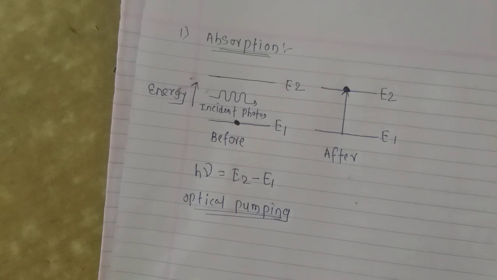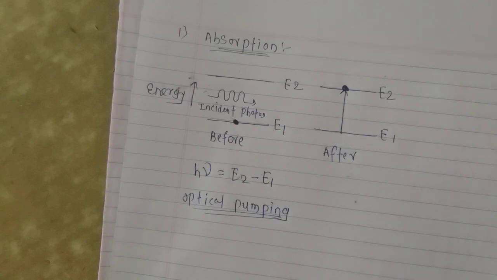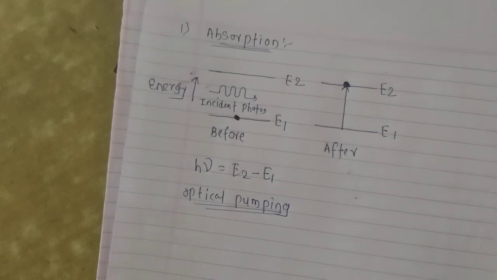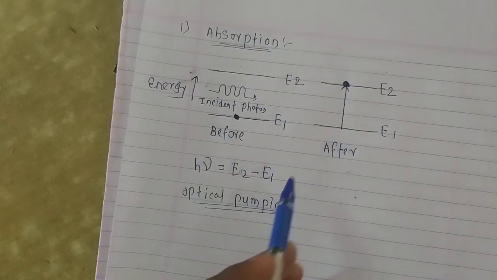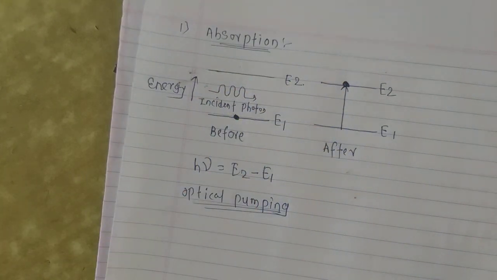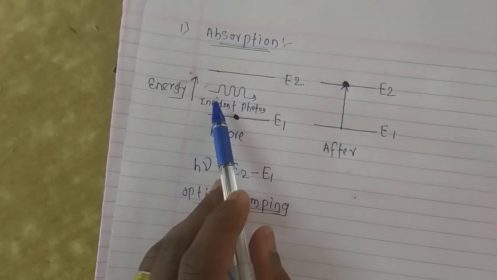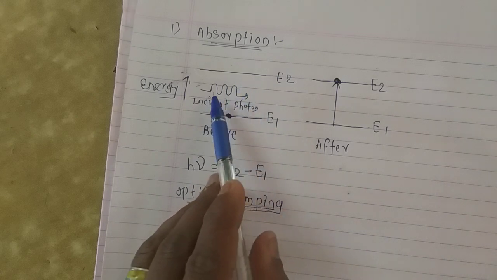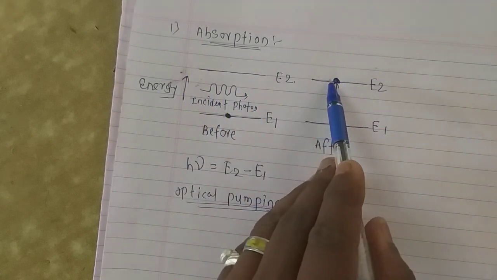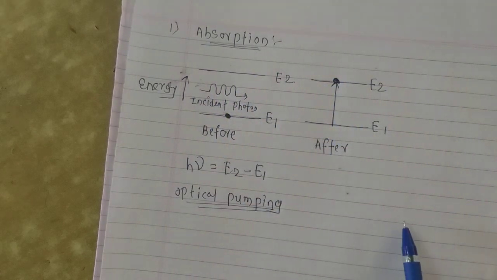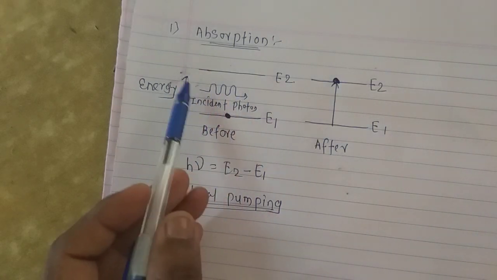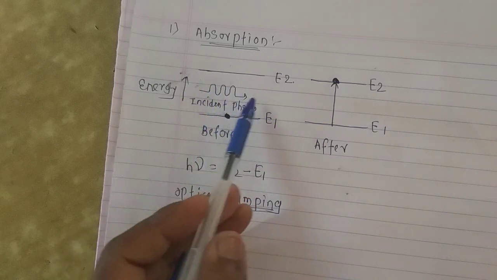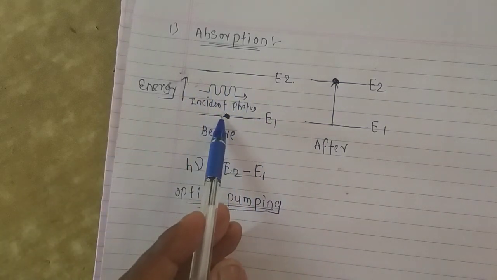Corresponding to each absorption transition, one photon disappears from the incident light, and one atom is added to the excited state E2.